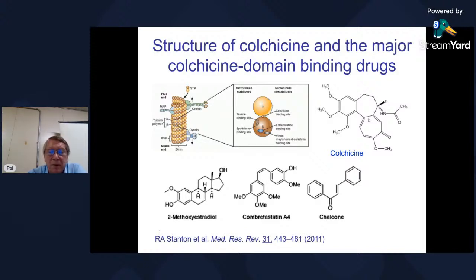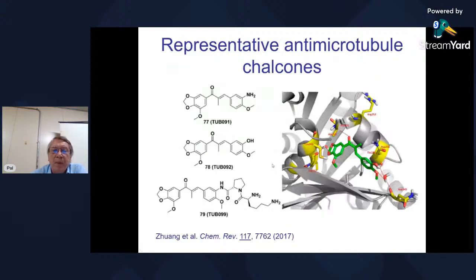All those compounds mentioned have got antitubulin activity, and bind to the colchicine binding site of the polymer or the dimer.